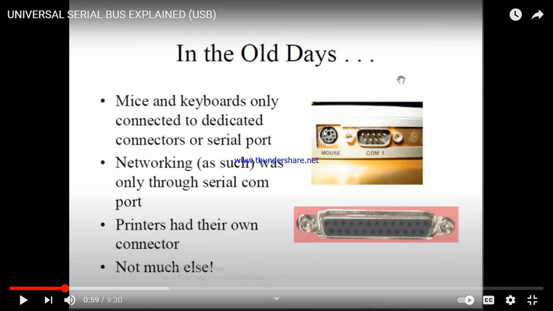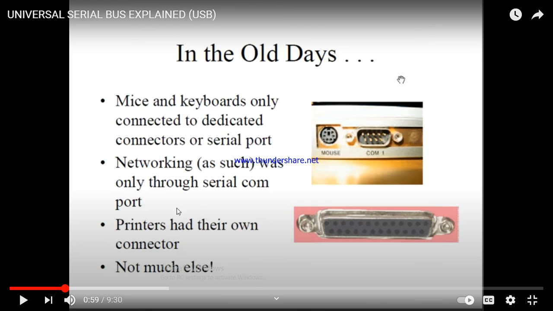The old age definition. Old age does not mean before 1000 BC or before 2000 BC. We are not talking about that. Five years ago and ten years ago, we connected our mouse through these kinds of ports. To connect the mouse we used these ports, and to connect the keyboard we used these kinds of ports.